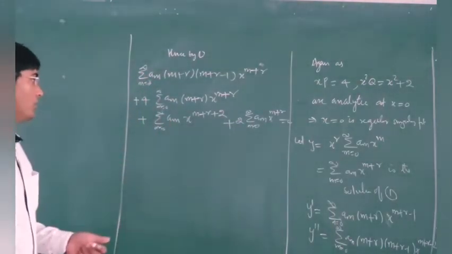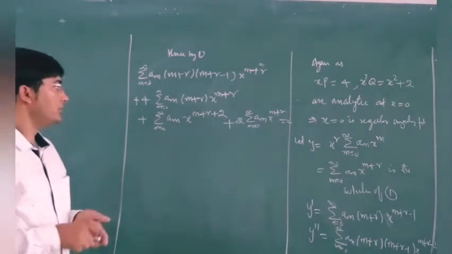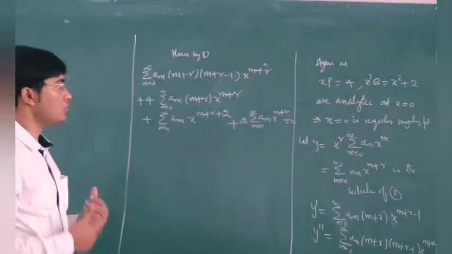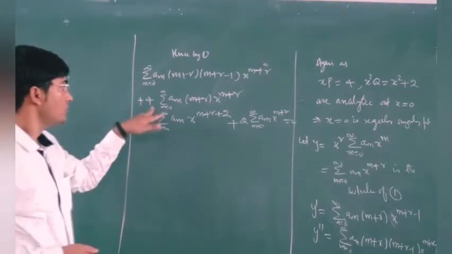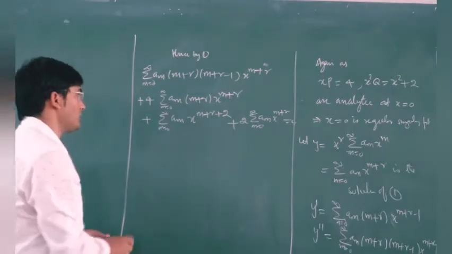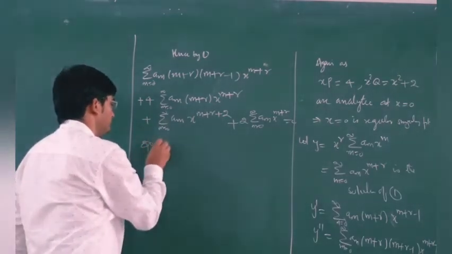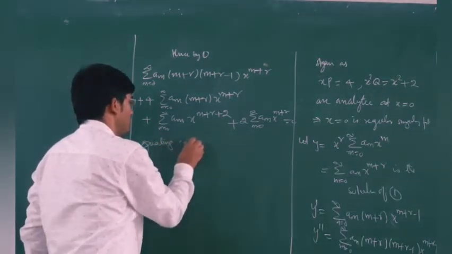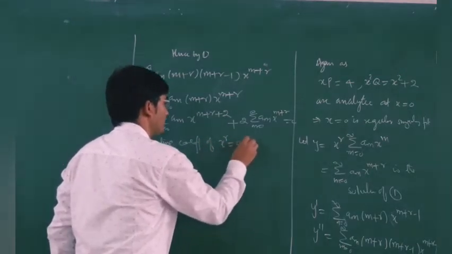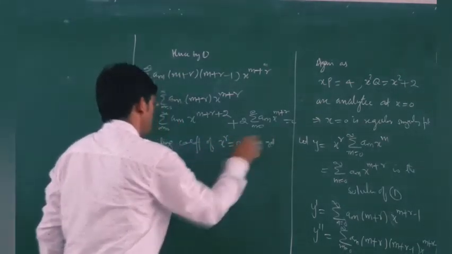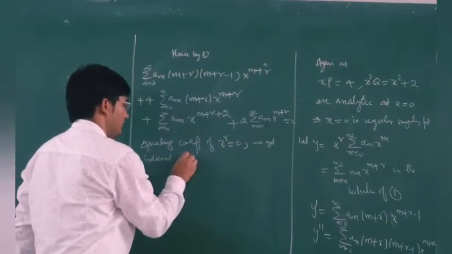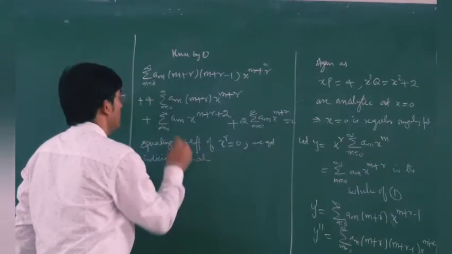Now let us equate the coefficient of the lowest power of x. If we put m equal to 0, then the lowest power of x is x power r. So equating the coefficient of x power r to 0, we get the indicial equation, putting m equal to 0.